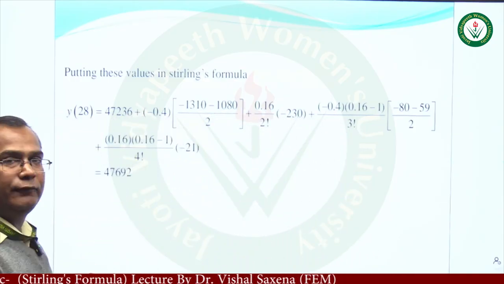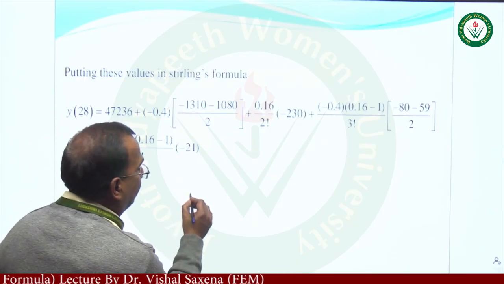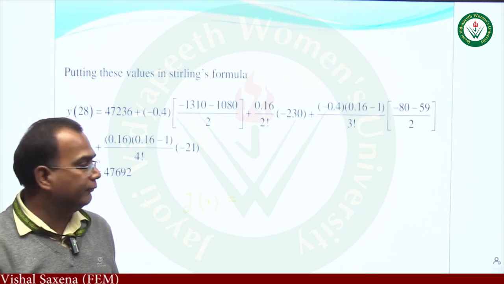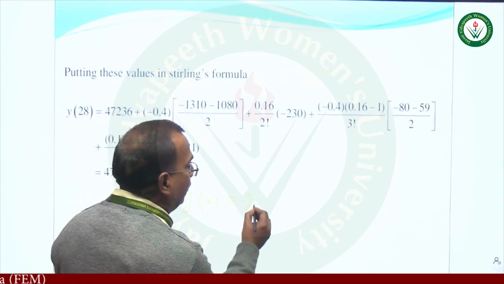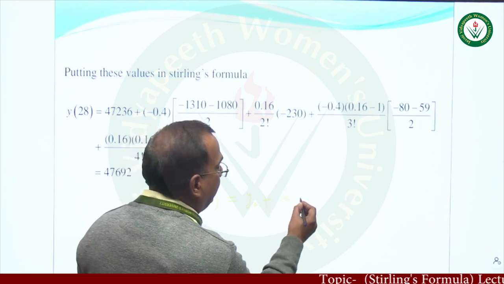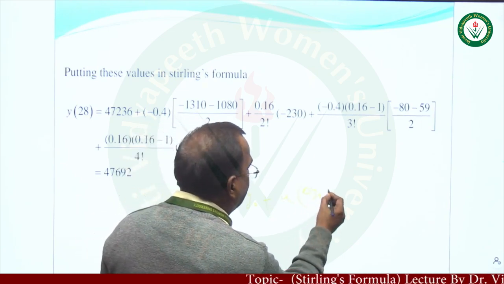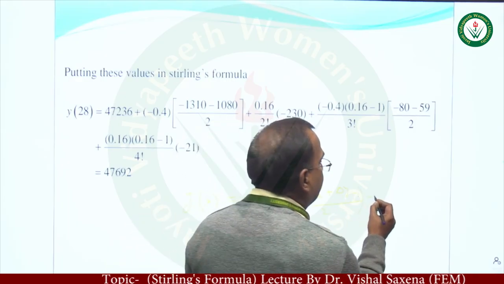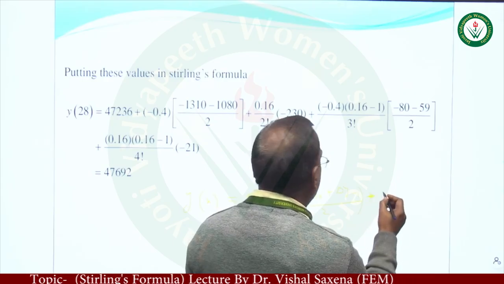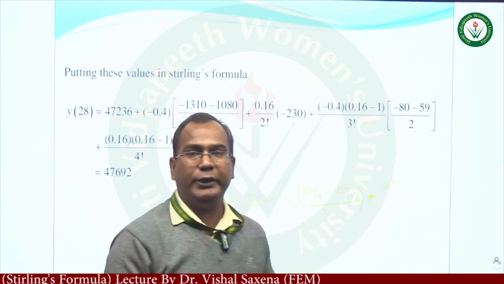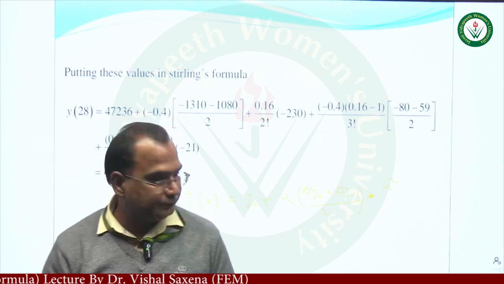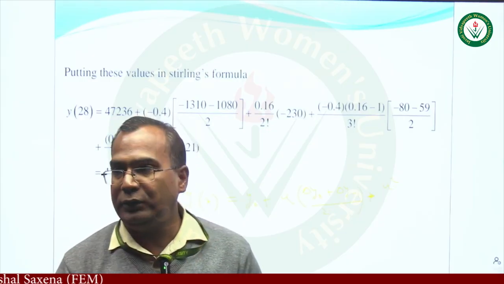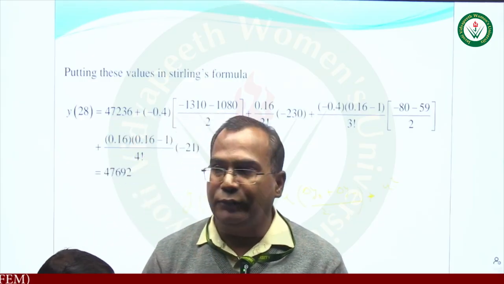Again I am writing the formula: y at x, meaning for some particular value of x we have to find y, is y naught plus u into del y naught plus del y minus 1 upon 2, plus the next term, u square. I have already explained in what terms it should come. So like here, see this one.